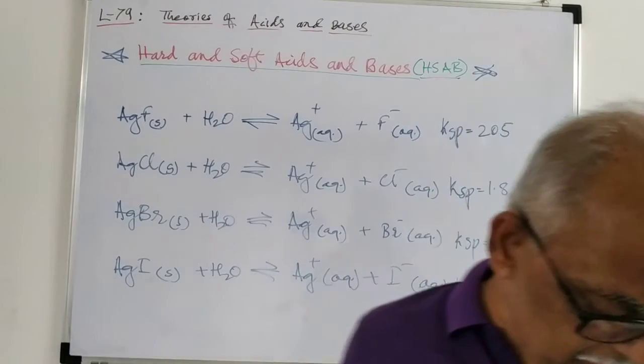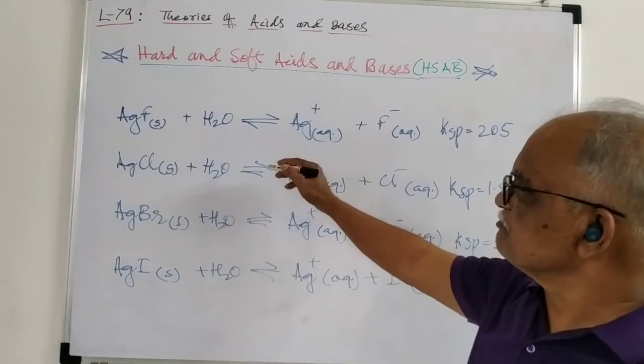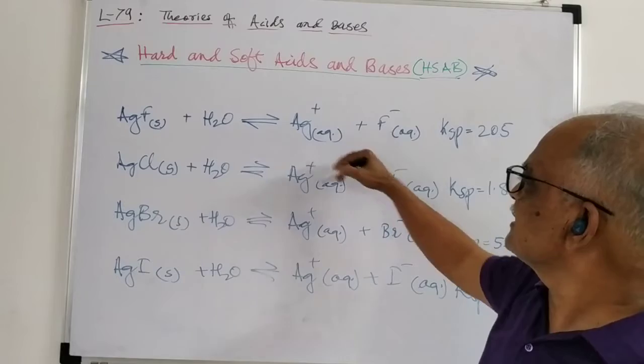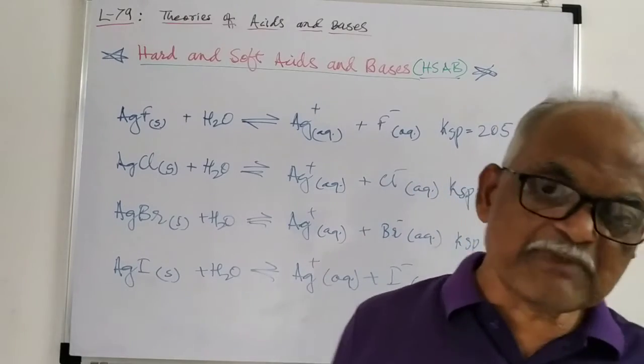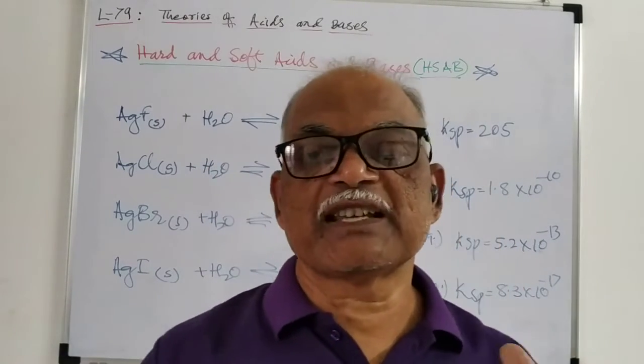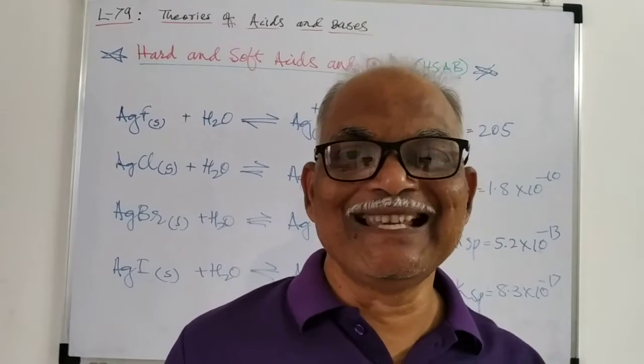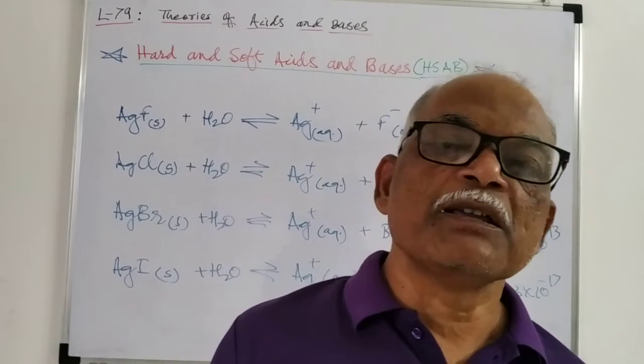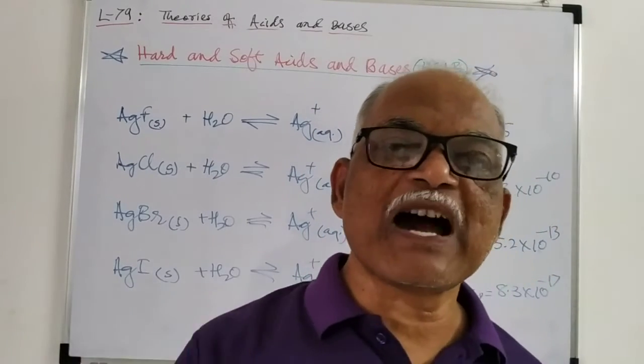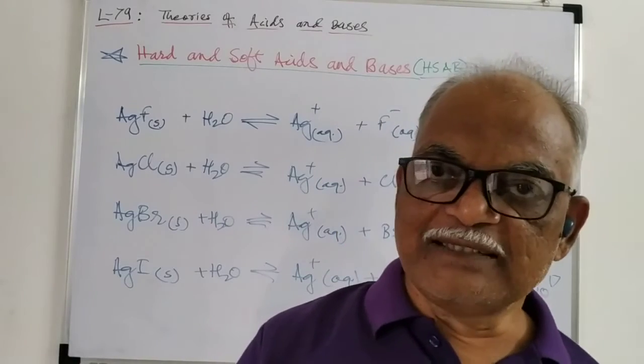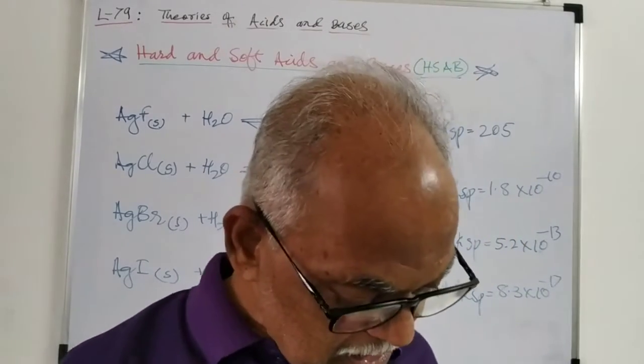This interaction between the cations and anions can be very easily explained using the concept of hard and soft acids and bases.